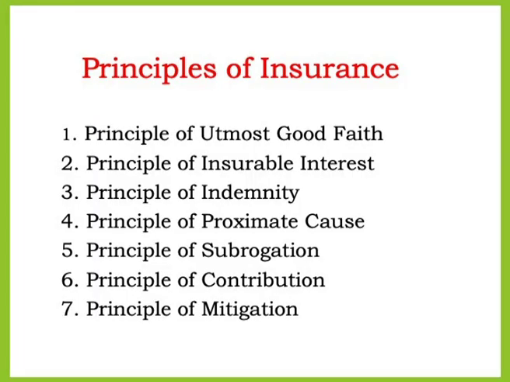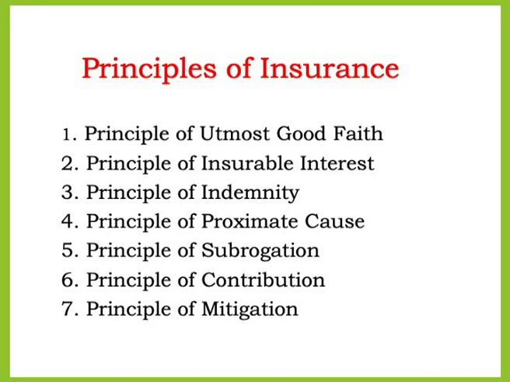Fire should be the cause for claiming fire insurance. So whatever is the nearest cause for the damage will be assessed by the insurance company, and only then will compensation be paid. This is the fourth principle, the principle of proximate cause. The first was good faith, second insurable interest, third indemnity, fourth proximate cause.